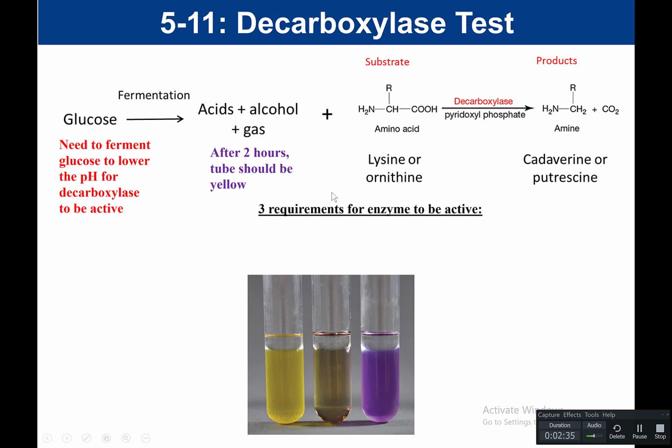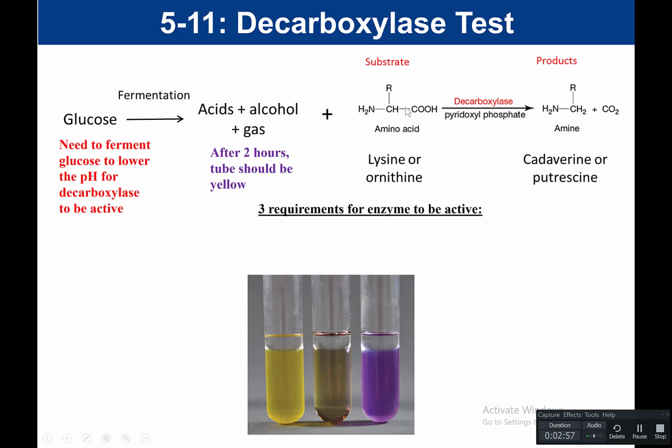Our substrate in this is going to be our amino acid, either lysine or ornithine. So we have two substrates in this test. One tube has lysine, one tube has ornithine. Those are our substrates. What we're looking at in this experiment is the decarboxylation.